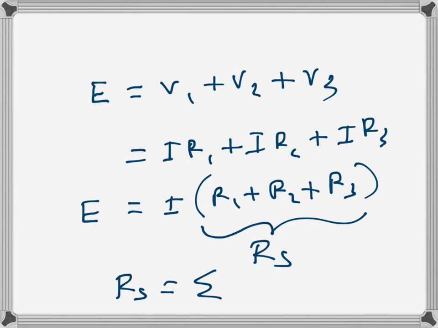So in this case R1 plus R2 plus R3, and if there were more, it would go up to Rn, whatever number of resistors are connected in series. This is the equivalent value of series resistance.